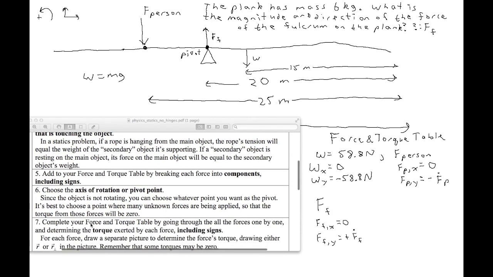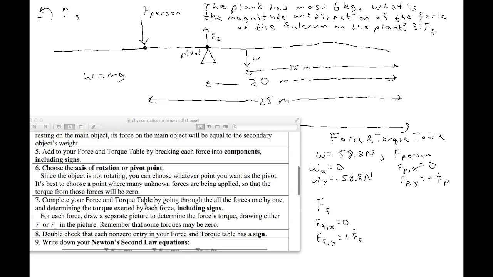Now, step 7, we have to complete the force and torque table by determining the torque from every force, including signs. So what would be the torque from the weight? So the torque from the weight would be 58.8 newtons times R, which would be 5 meters.